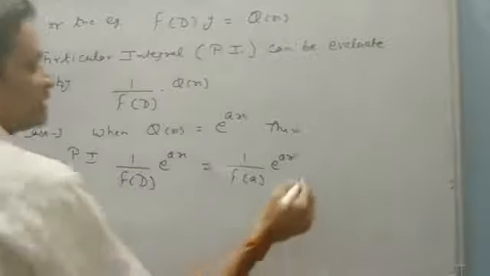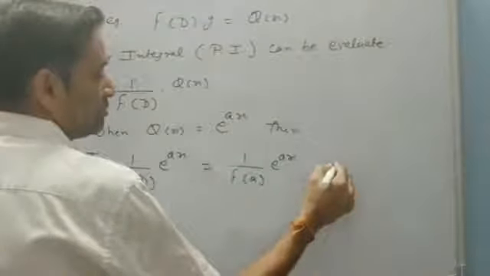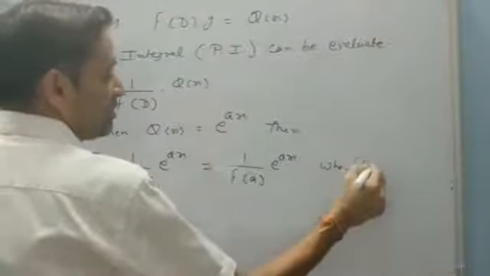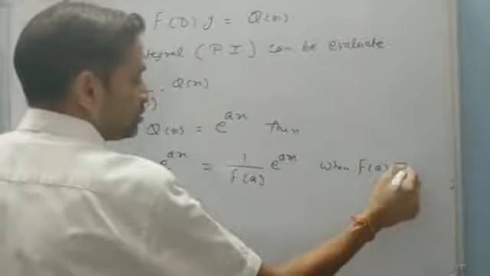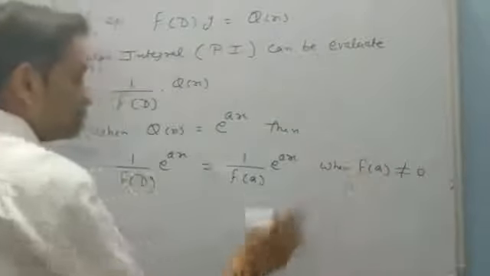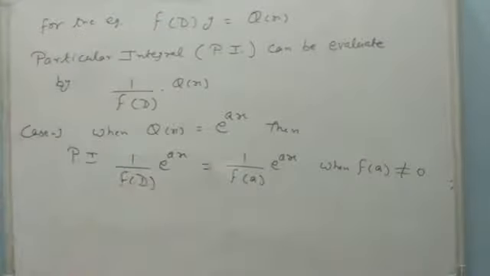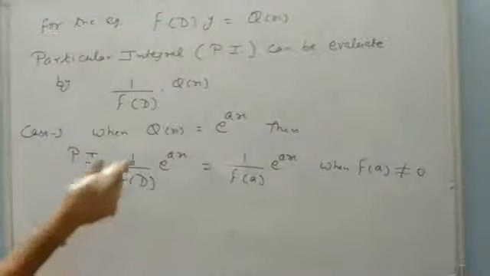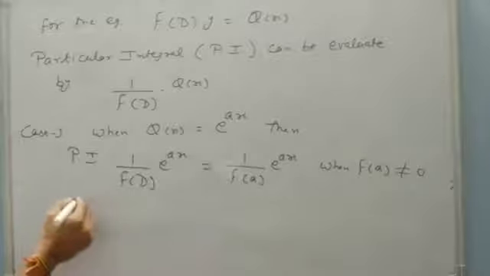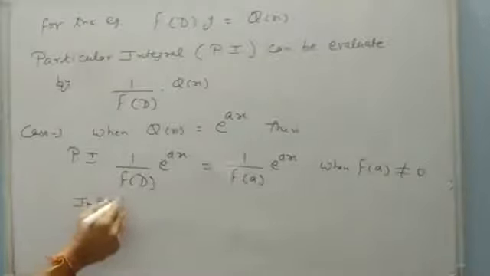But there is a condition that f of a should not be equal to 0. This is the important part. If f of a is equal to 0, then there is an important formula for finding that.